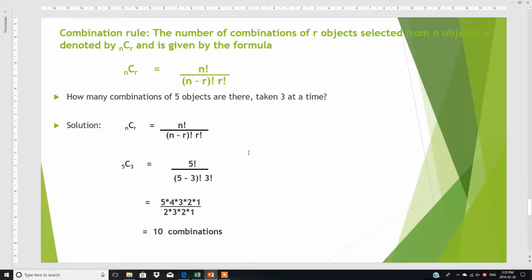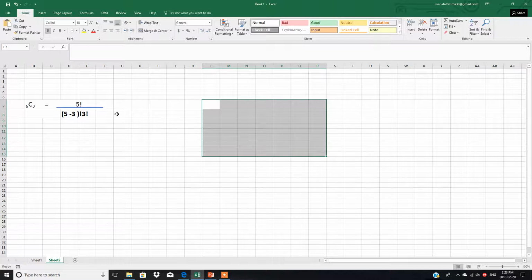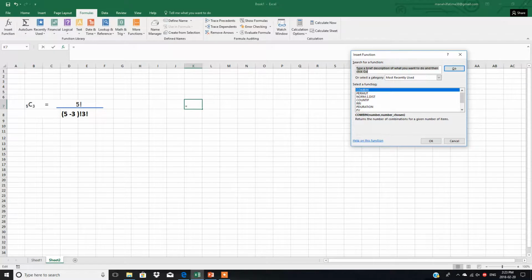Now I will show you the same thing with the help of Microsoft Excel. See, I have written here the same question, 5 objects and 3 is the requirement. If you want, you can write the factorials here, but directly I will show you. Suppose we want the answer here: go to Formulas, Insert Function, and in the category we are learning statistics, so select Statistical.